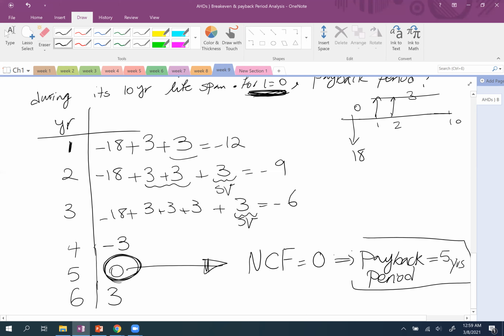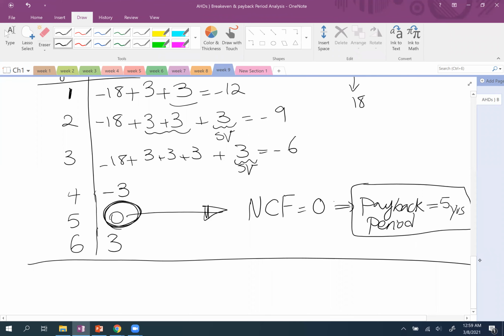It means that if there is no interest rate, it will take 5 years for me to recover the initial investments that we have. That was simple payback period because we didn't have any interest rate.